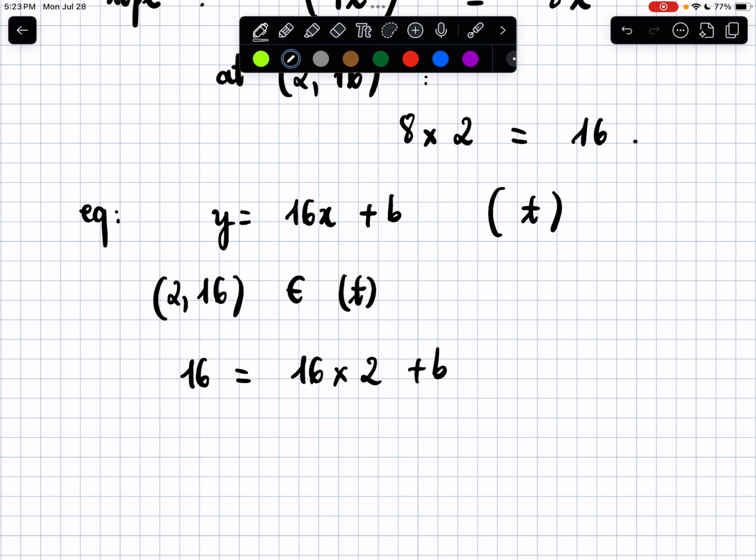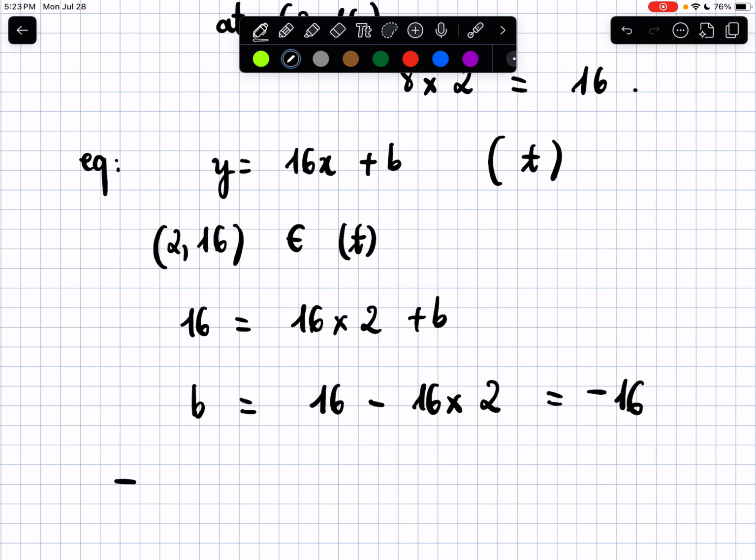This gives us b equal to 16 minus 16 times 2, so minus 16. So the equation of the tangent line is 16x minus 16.